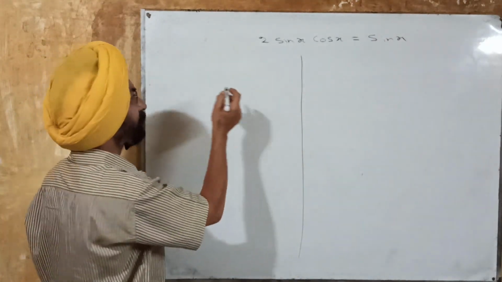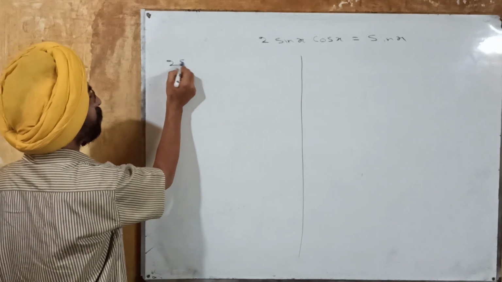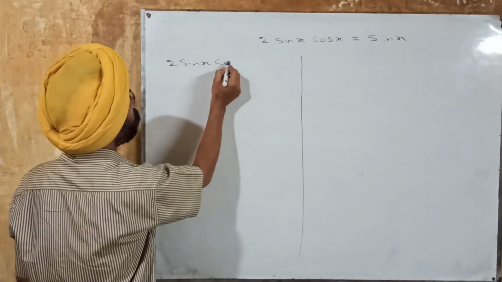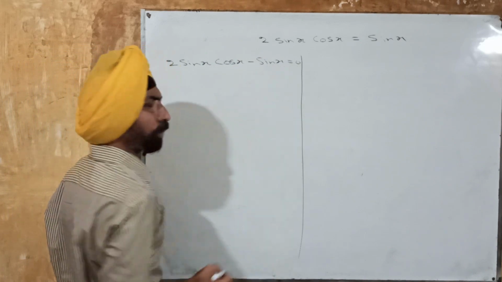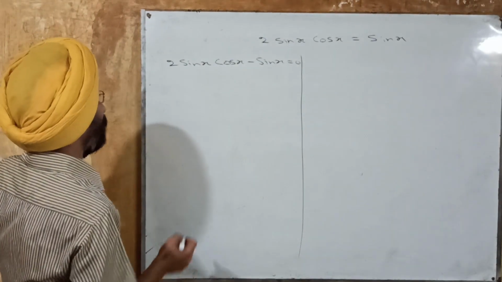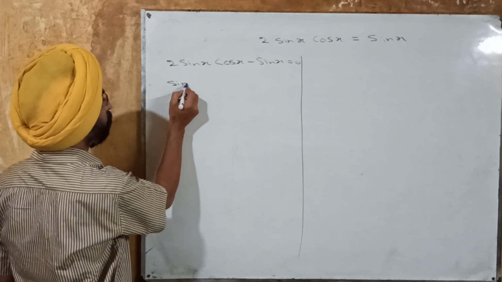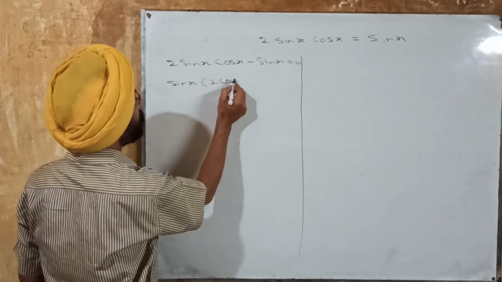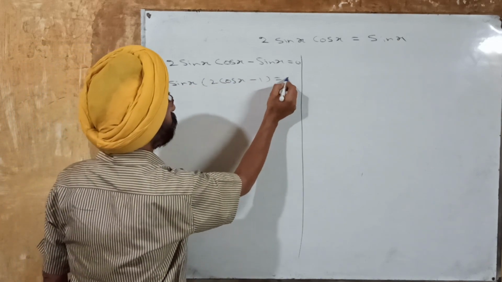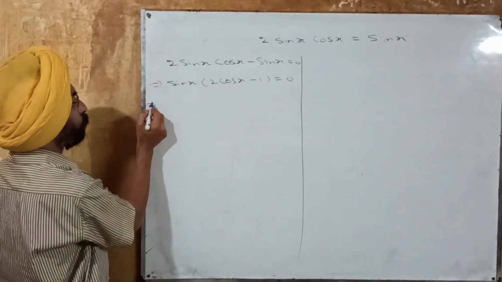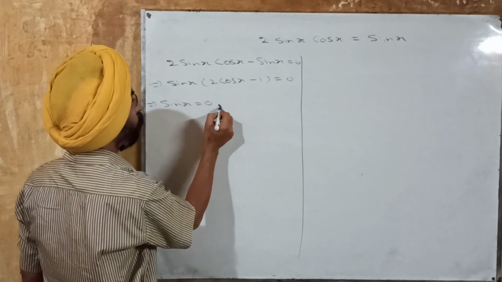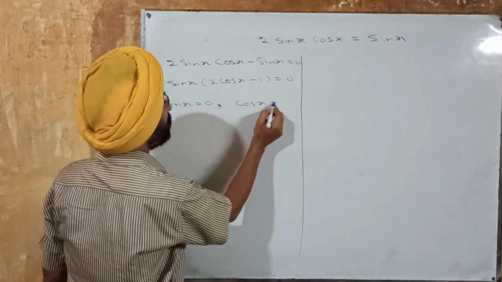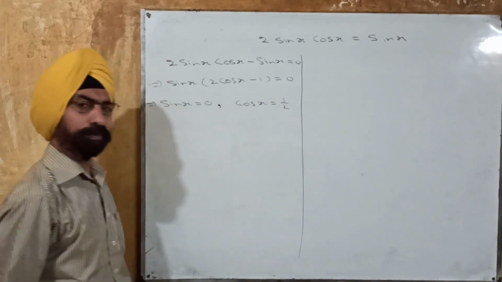One, you can take 2 sin x cos x minus sin x is equal to 0. This is the one way. And taking sin x common, you will get 2 cos x minus 1 is equal to 0, which will give you either sin x is equal to 0 or cos x is equal to 1 by 2.